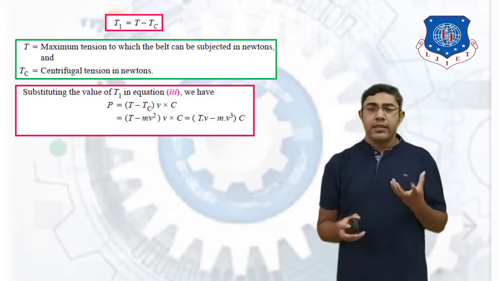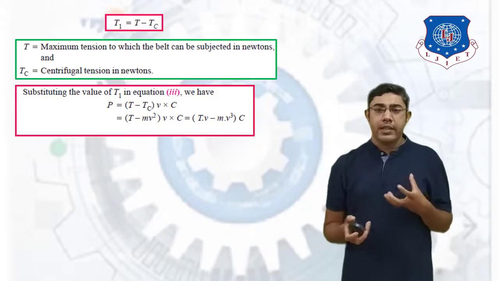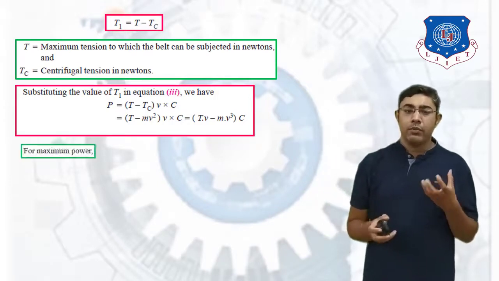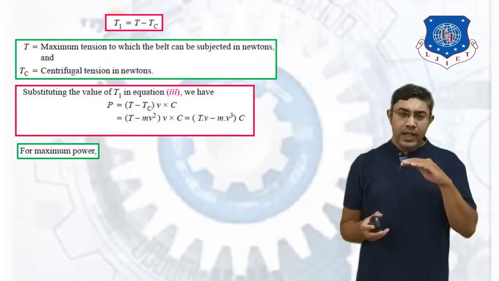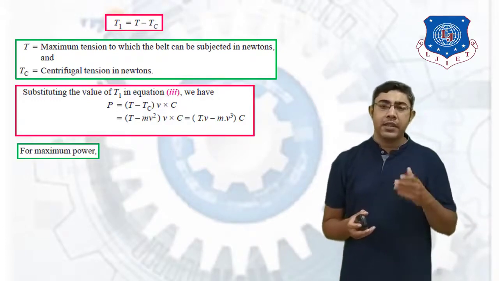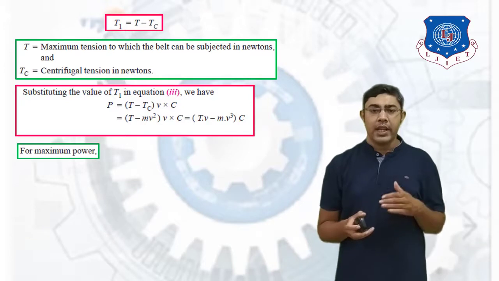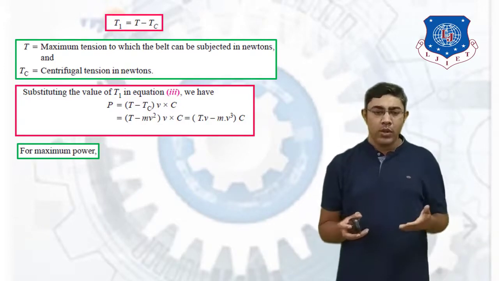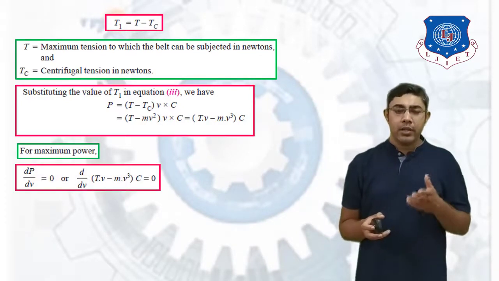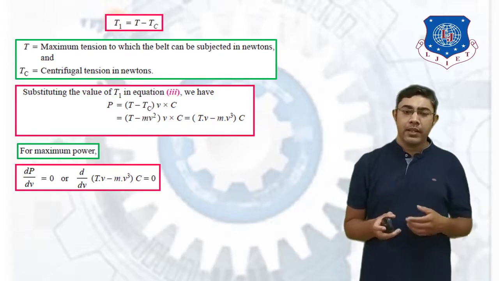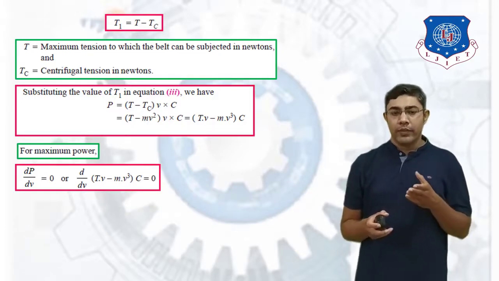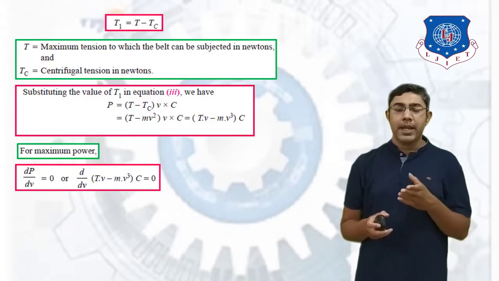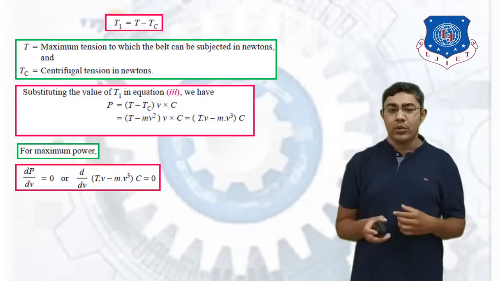Now what is our aim? Our aim is to derive the condition for maximum power. So for the maximum power, we have to differentiate this power equation with respect to velocity and equate it to 0. So if we take the derivative, we get d by dv of (T v minus m v cube) into C is equal to 0.